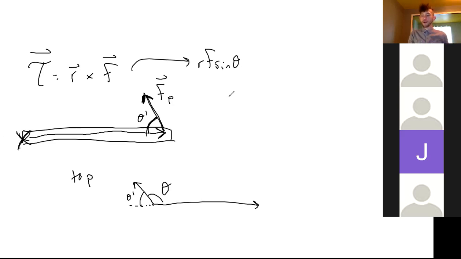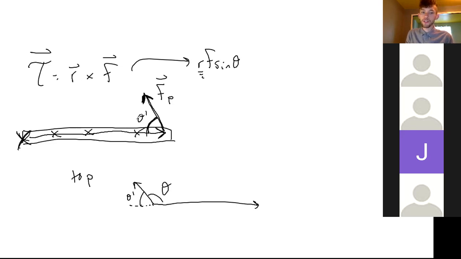Okay, so I really need you guys to understand conceptually the variables that are going to change torque. The bigger the R, the bigger the torque you're going to get. Now this is interesting. You guys can go test this right now if you have not already. I suggested that you go to your door, open the door, and try to push it at different points. Maybe you push it here, here, here.